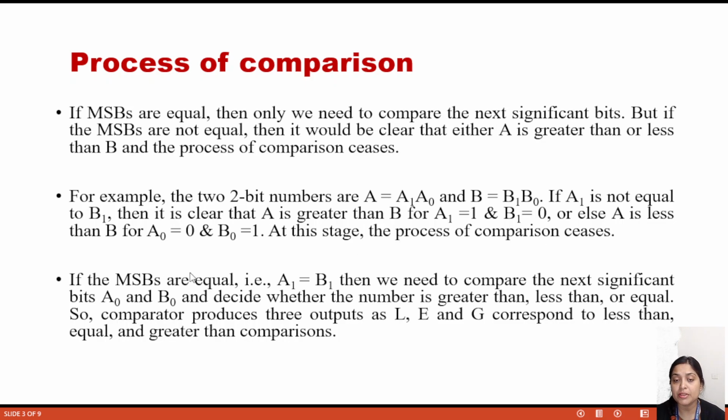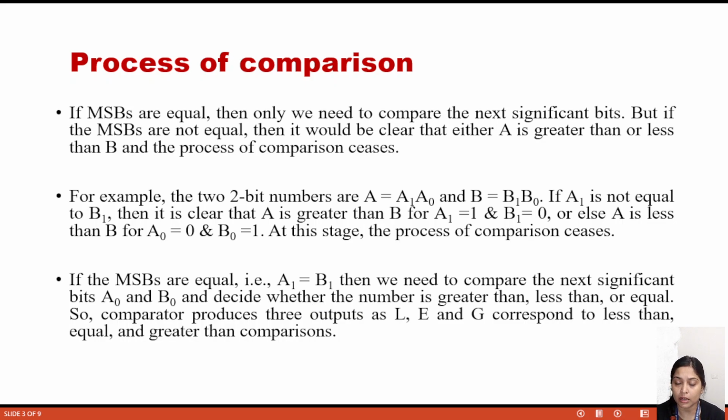If the MSBs are equal, then only we go to the next bit. So if A1 equals B1, we need to compare the next significant bit, A0 and B0, and decide whether the number is greater than, less than, or equal to.